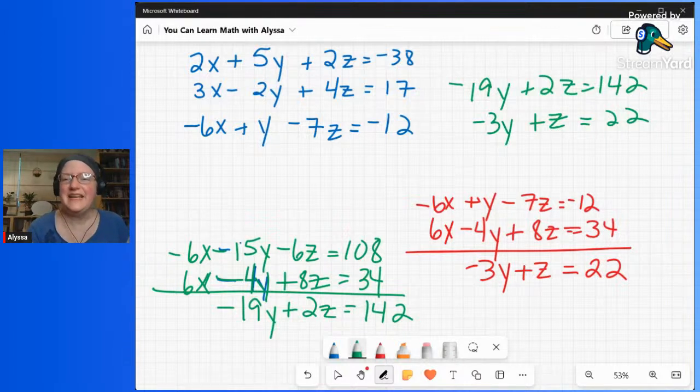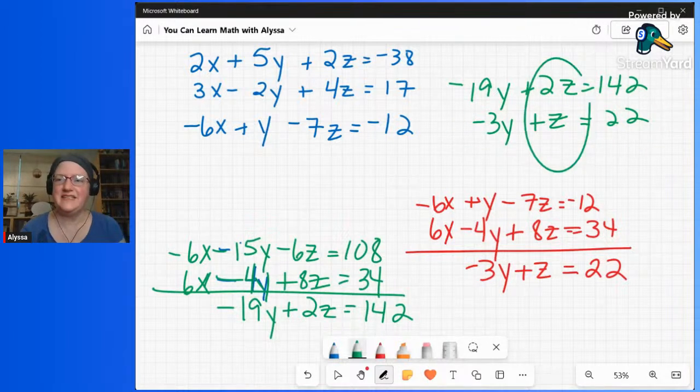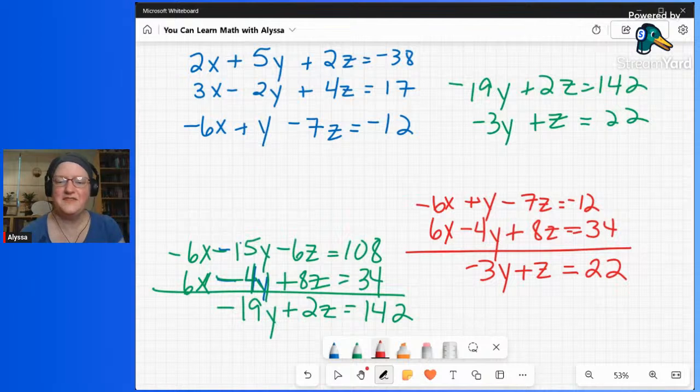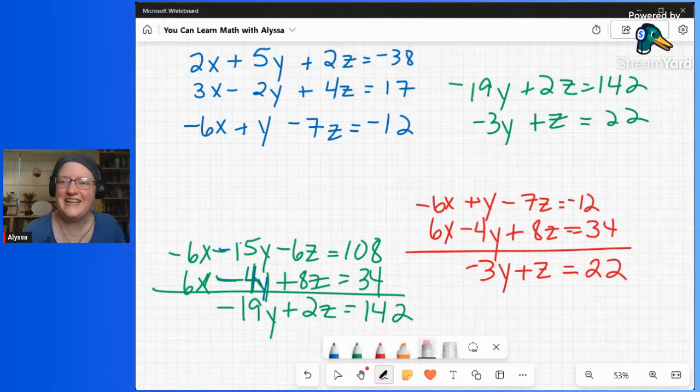Okay, the easiest way I can see forward is to eliminate the z's because I've got this z and a 2z. So I'm going to multiply everything on the bottom by a -2. Negative 3y times 2 is -6y.